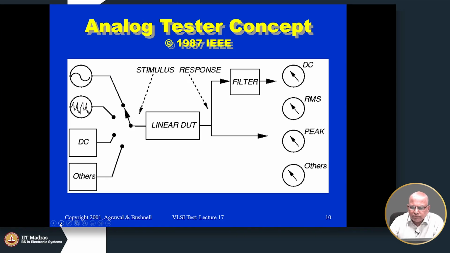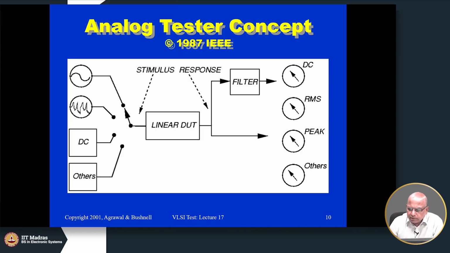So, the concept of the analog tester is you take your design under test, which is a linear IC such as maybe an operational amplifier, and you apply various inputs to it including DC or noise or sinusoidal, and then look at the output.